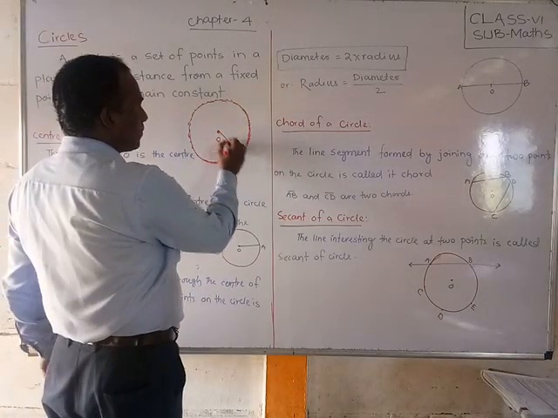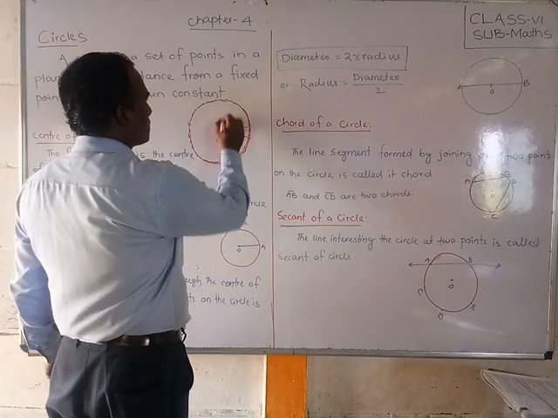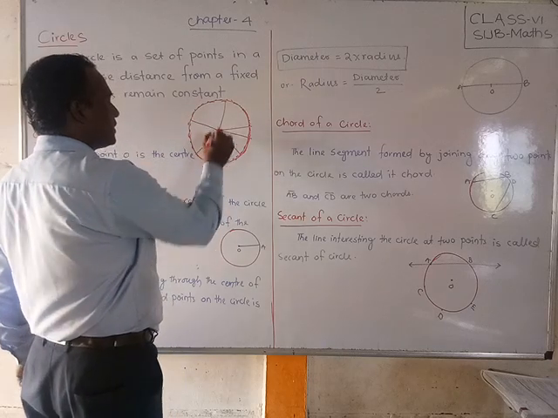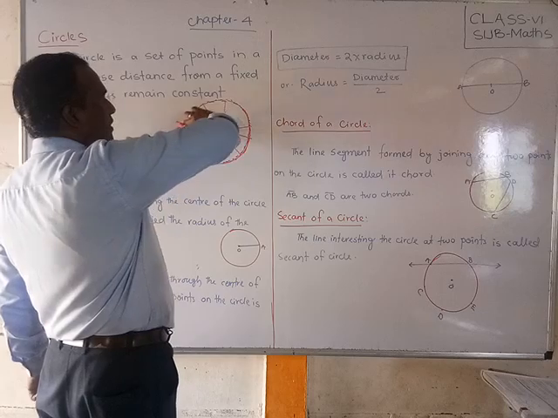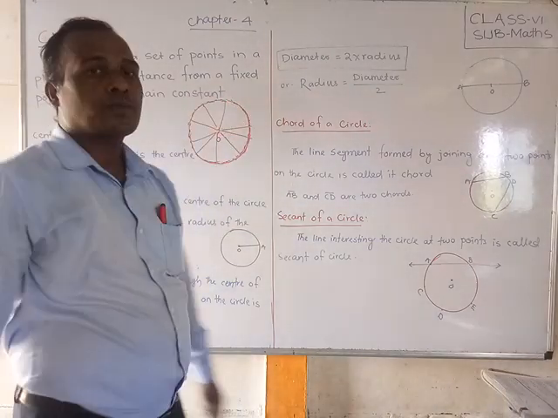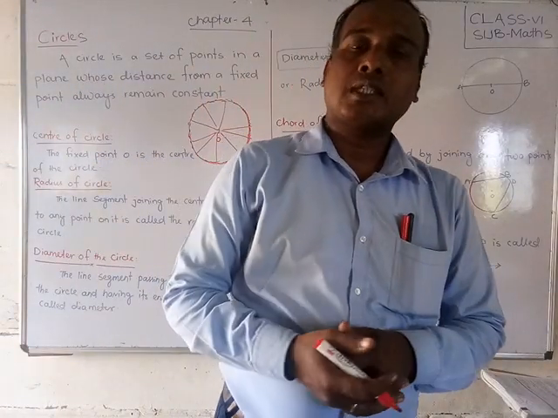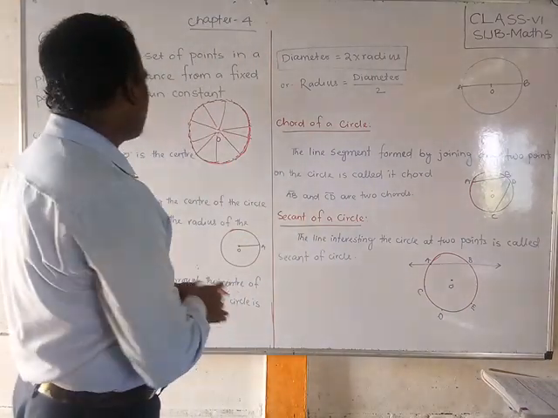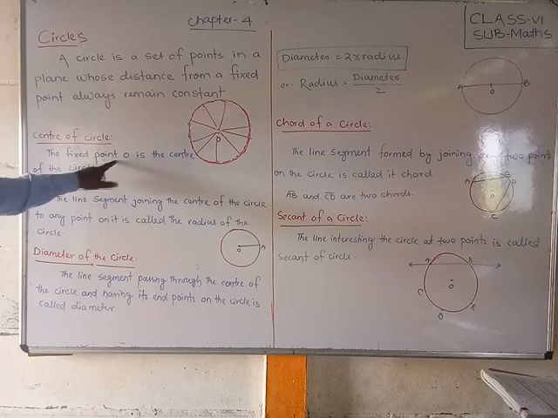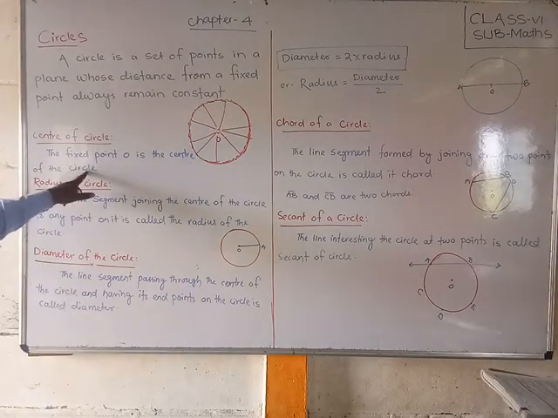From here to here, you have to arrange all the points at the same distance. Those points on a plane are called a circle, and the fixed point O is called the center of the circle.